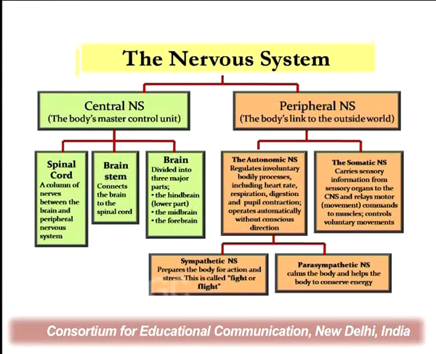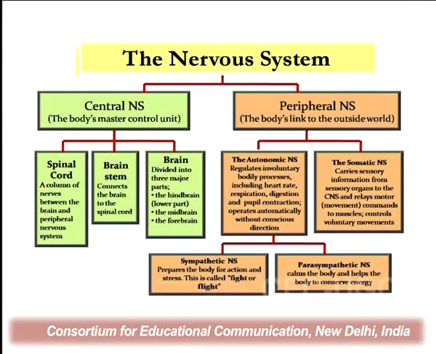The central nervous system is again divided into parts: the spinal cord, the brain stem, which we also call the medulla oblongata, and the brain, which involves the different parts we have discussed.